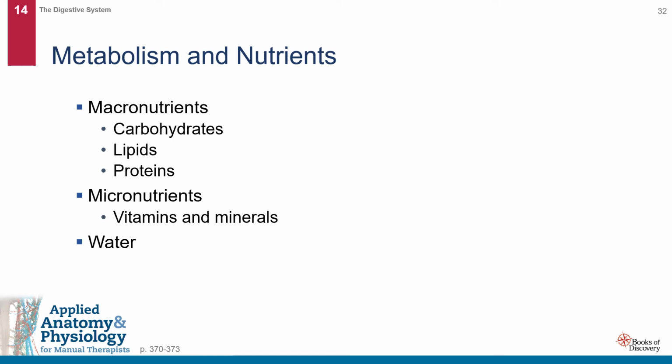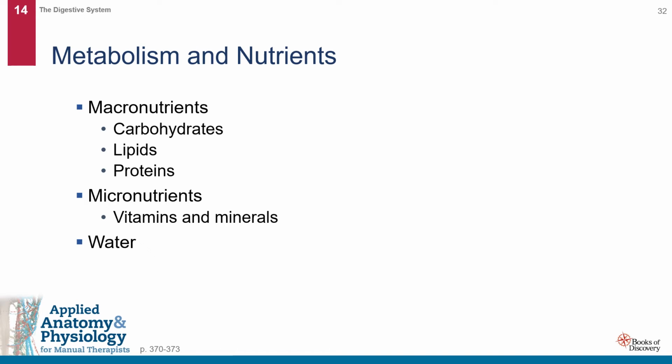Now let's take a look at metabolism and nutrients. You may recall from previous lectures that the term metabolism refers to all the chemical reactions that occur within the body. Metabolism includes anabolic processes in which complex molecules are formed from simpler ones, tissue is created or repaired, and molecules such as hormones, neurotransmitters, and ligands are synthesized.